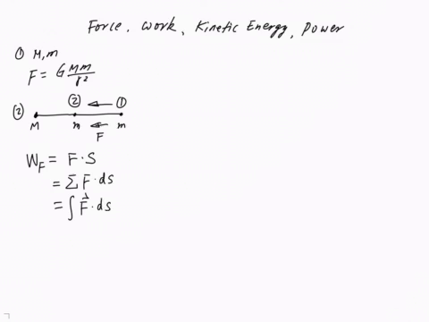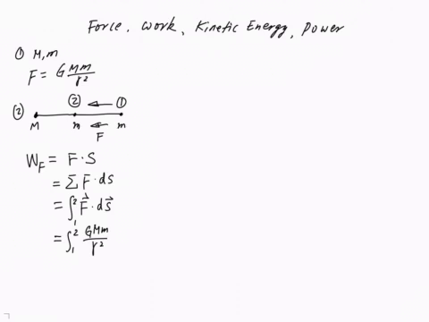F is a force, a vector, dot ds, from position 1 to position 2. If we carry out this integration in this specific case, from 1 to 2, F is G m M over r squared.